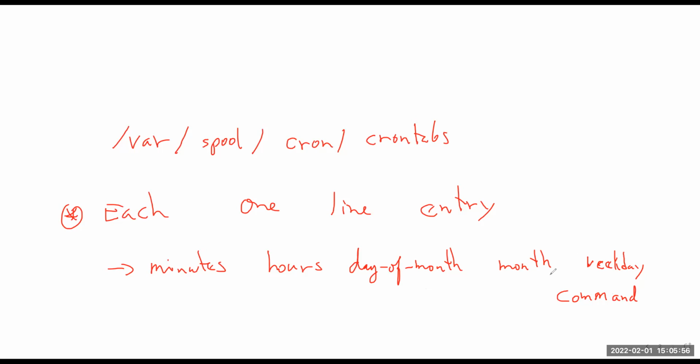I want to run it on, say, the 22nd of March. Or you could say, no, I want to run this only on Tuesdays. Then if you want to run something on Tuesday, it's going to be just like this. If you want to specify specific hours and minutes, you specify them here. You can also specify intervals, etc.